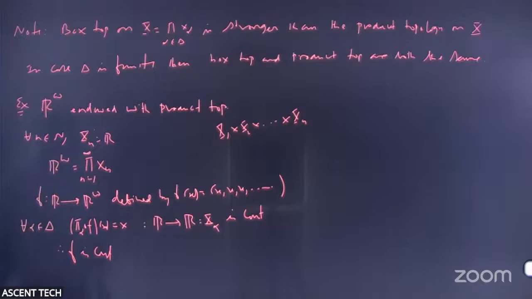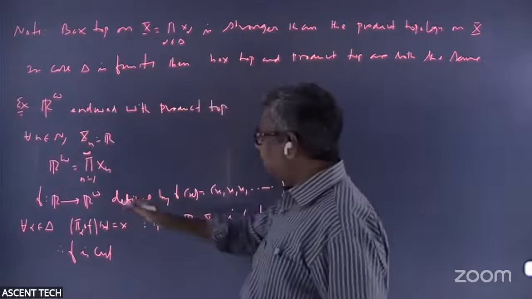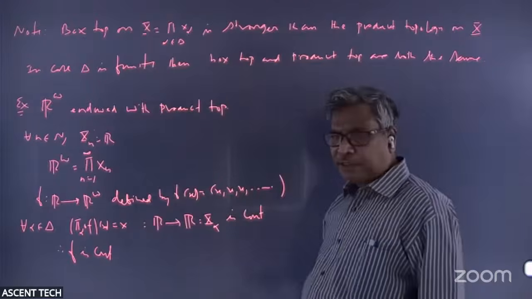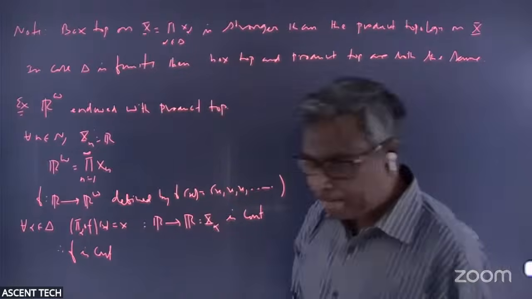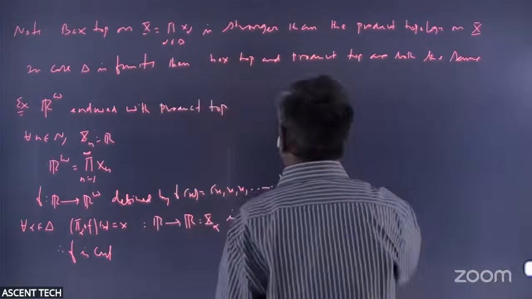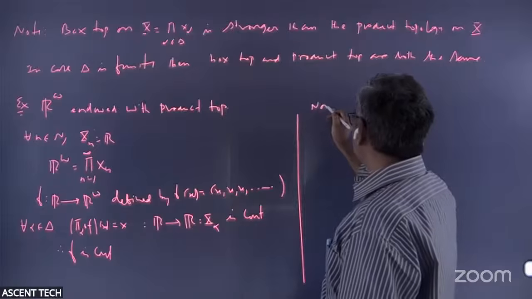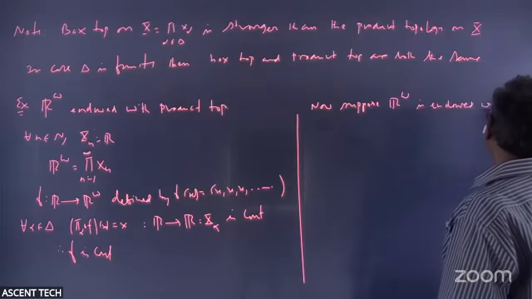It's a continuous map. Now let me put the box topology on this product and see what happens, whether this function is continuous. You will notice that this function is not continuous if I put the box topology on R omega. Now suppose R omega is endowed with the box topology.